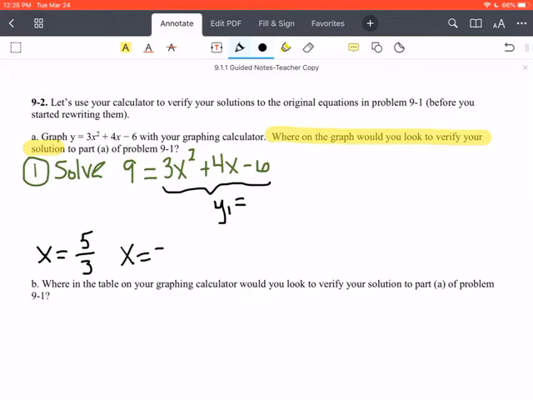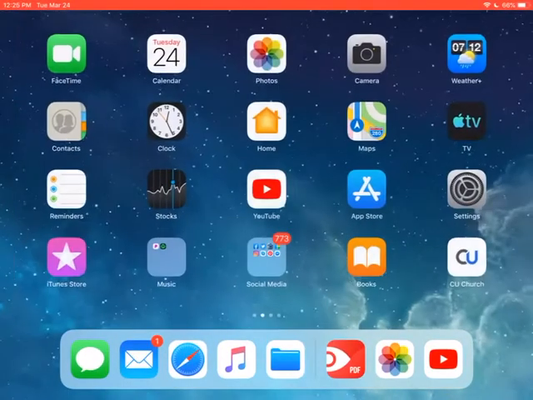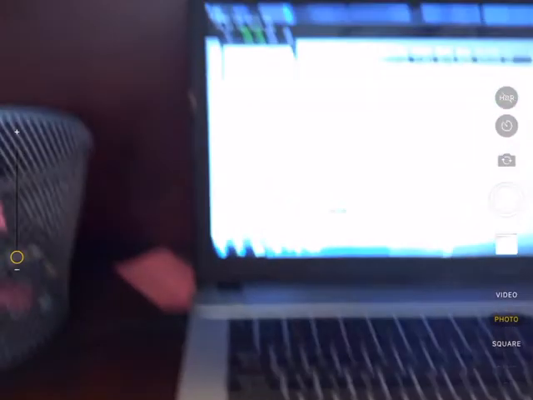Okay, so it's good to remember what we just did. So now I'm going to utilize my camera and see if I can show you my graphing calculator screen. Whoops, you're getting a tour of my desk here.